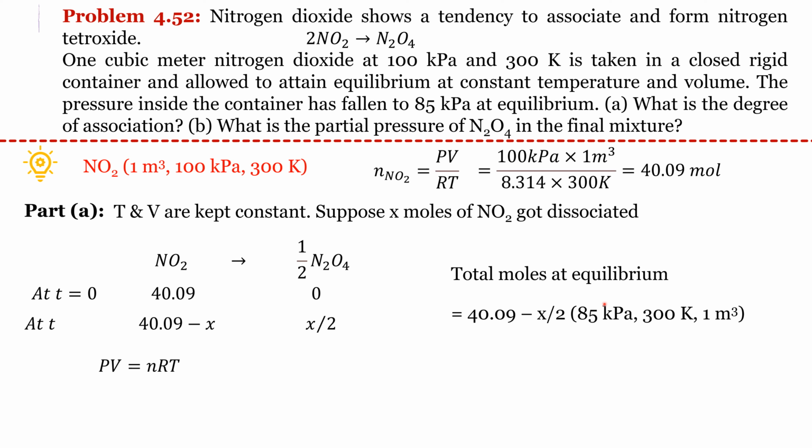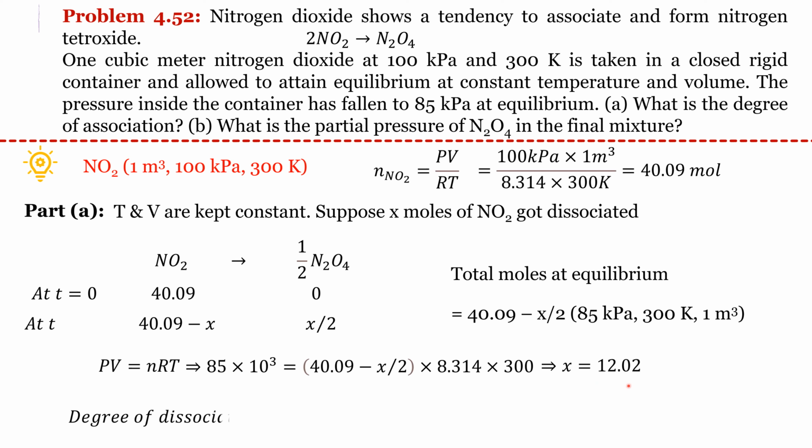At equilibrium, temperature, pressure and volume are known, and the number of moles is expressed in terms of X. So using the ideal gas equation we can find the value of X. After putting all values we can solve it for X. So X will come out as 12.02 mole.